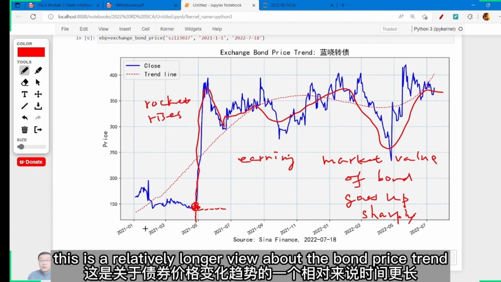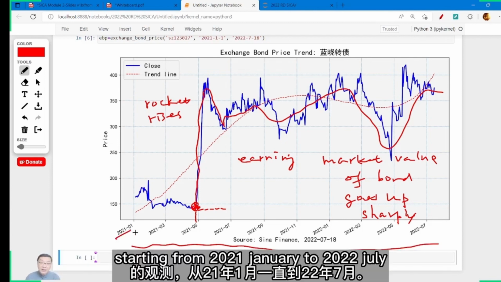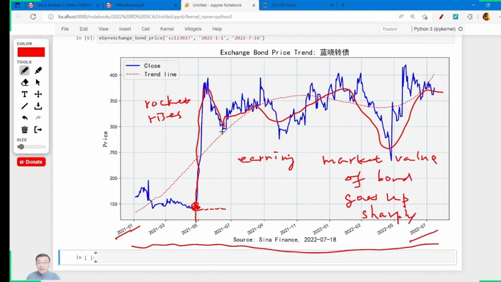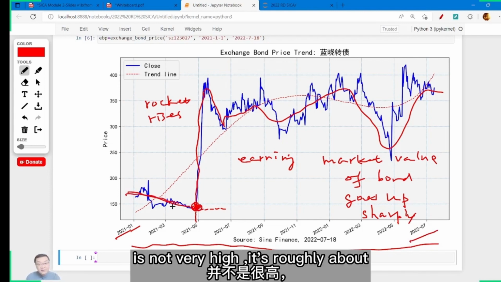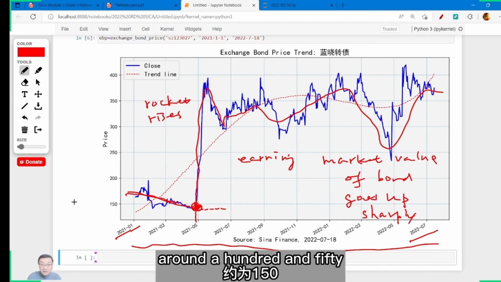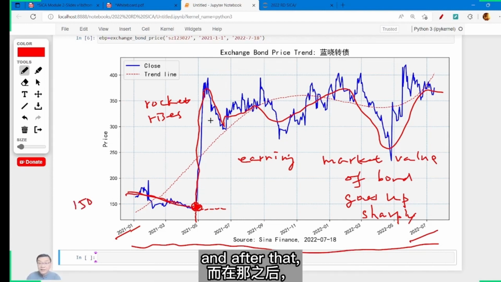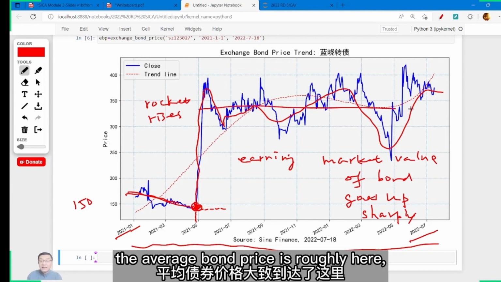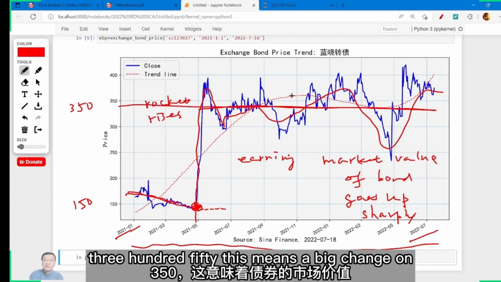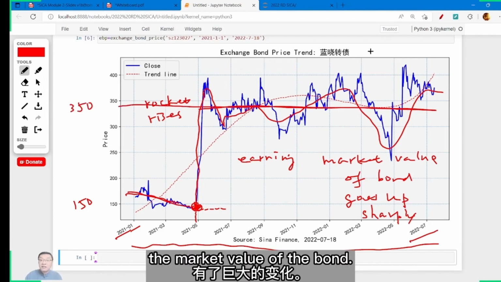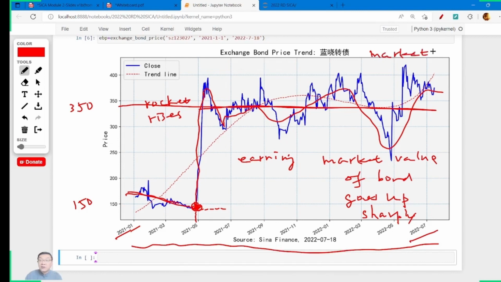So this is a relatively longer view of the bond price trend, from January 2021 to July 2022. Let's look at this. The bond price before the turning point is not very high, roughly around 150. And after that, the average bond price is roughly here, around 350. This means a big change in the market value of the bond.